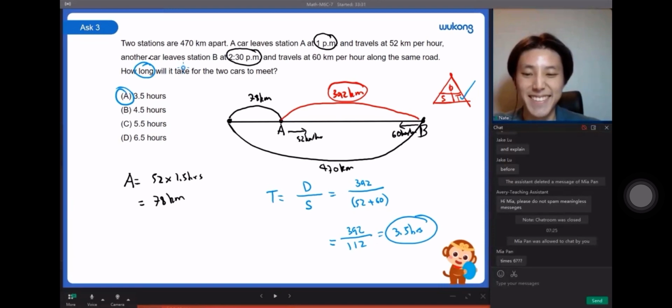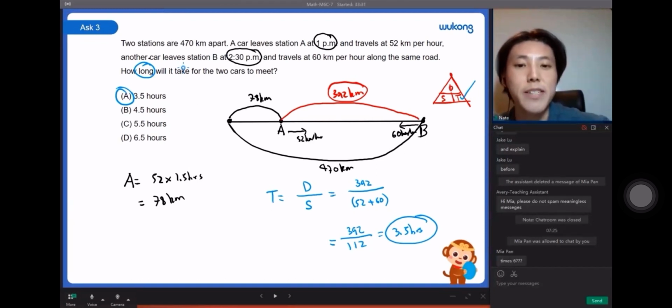So how did you get the 78 kilometers? Okay, so how did I get 78? If you look at the time, car A started his journey at 1 p.m. On the other hand, B started his journey at 2:30 p.m. So A's been traveling for 1.5 hours, right?